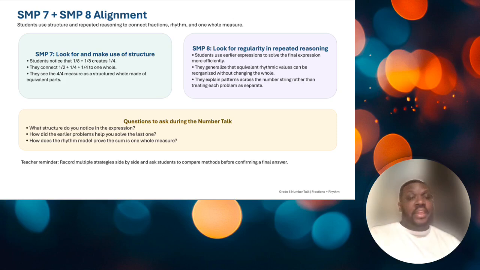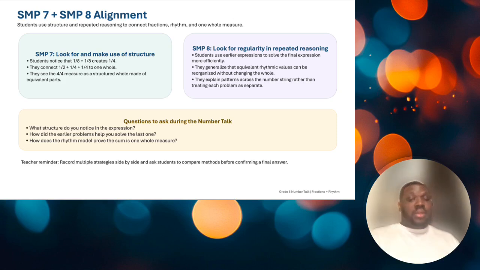Okay, and then for number 8, students are expressing regularity and repeated reasoning by using earlier answers and relationships to solve later expressions more efficiently. Right. So they took one answer, plugged it in, got another answer, plugged it in, and were able to complete the solutions that way.